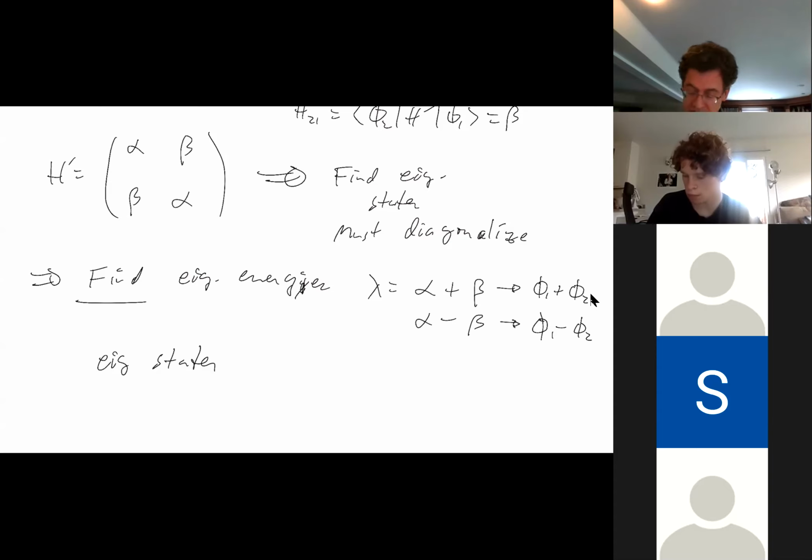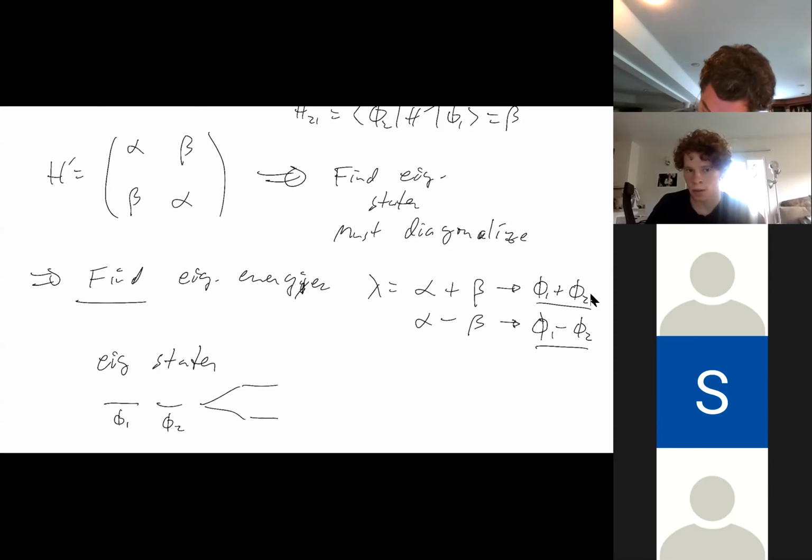I guess we didn't have enough time to do it, but the eigenstates are those two eigenstates. And so the point is that we have the states phi 1, phi 2, and they split. It turns out that this one has the lower energy, alpha minus beta. This is alpha plus beta.